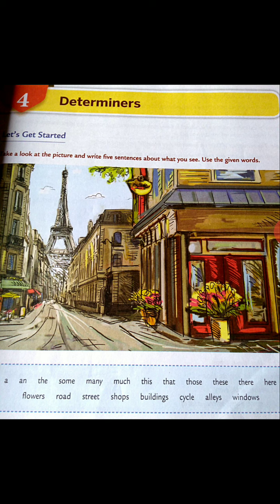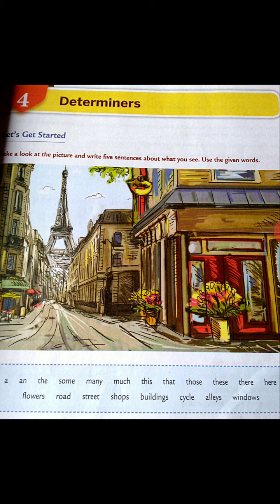These words are determiners, children. They determine the noun we are talking about. That's why they are known as determiners.